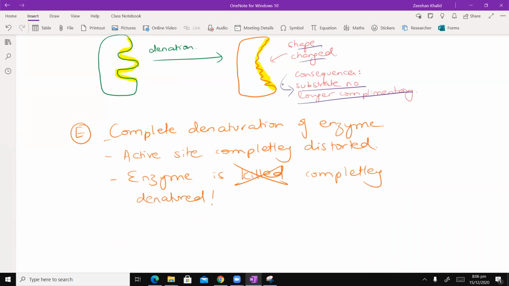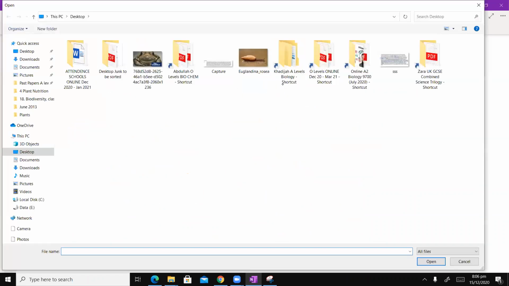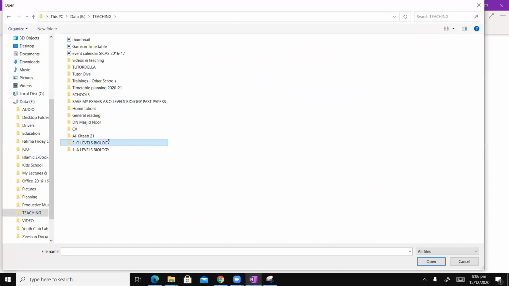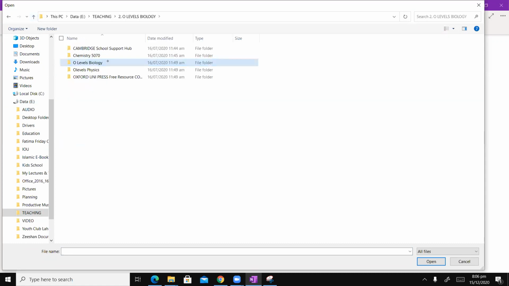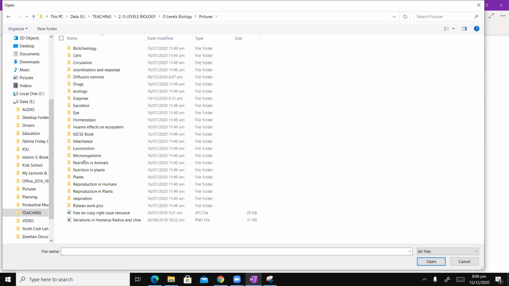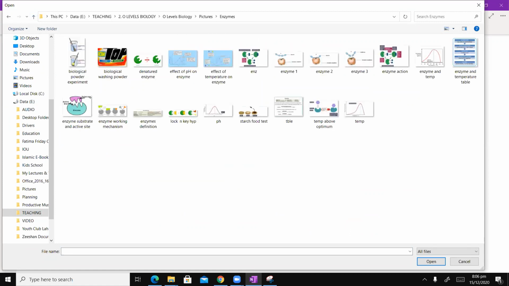So inshallah, today we will proceed to the last of this idea, which is effect of pH on the enzyme activity. और जो effect of pH है, that actually is not very different from temperature. But again, let me show you the diagram first and then inshallah I will explain. Okay, so effect of pH.